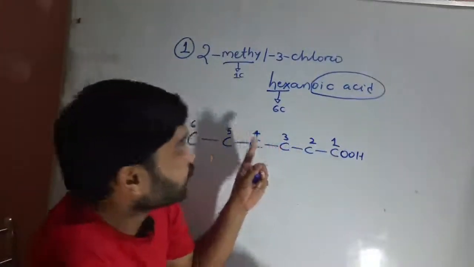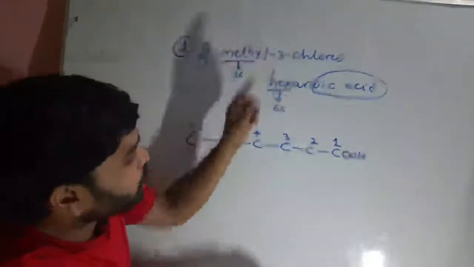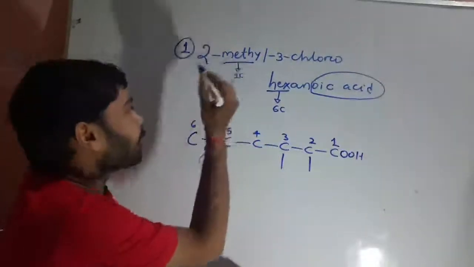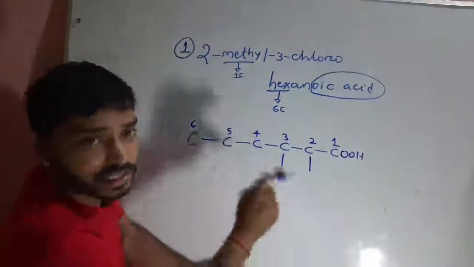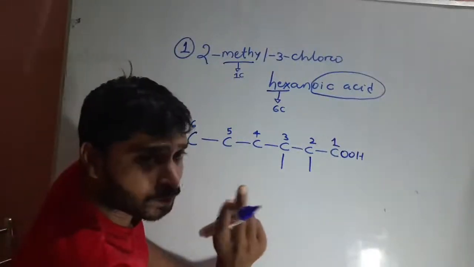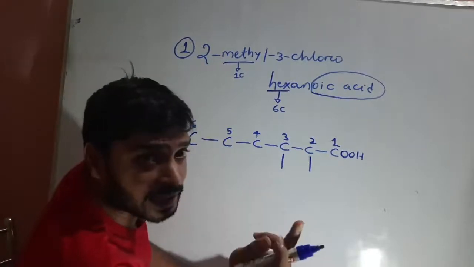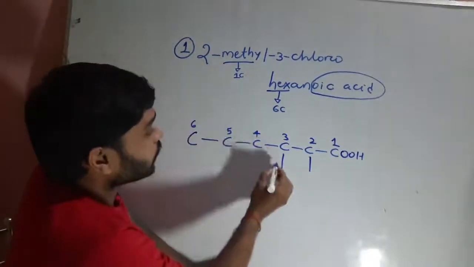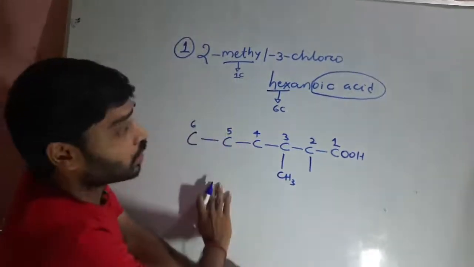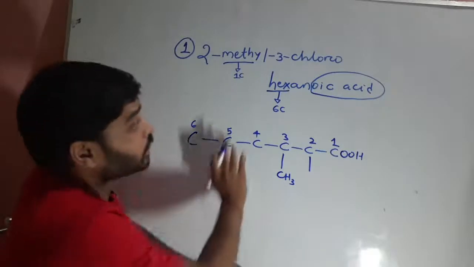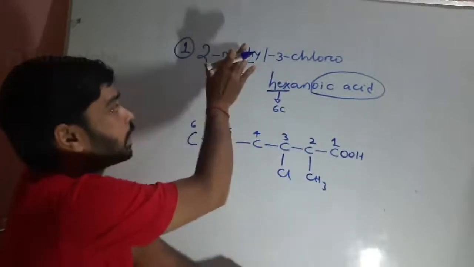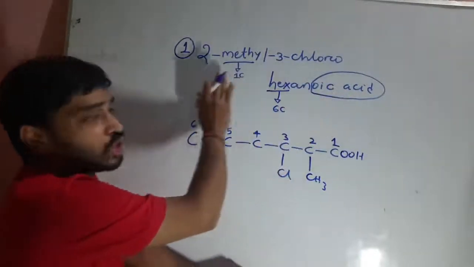In this case, the 2 position and 3 position are occupied by the methyl group and chlorine. Methyl is an alkyl group, and meth expresses 1 carbon. After putting the n value 1 in the alkyl group formula, we find the alkyl group, that means CH3, and position 3 is occupied by the chlorine atom, that means the halogen. After that, we have completed the functional group and substitution group parts.